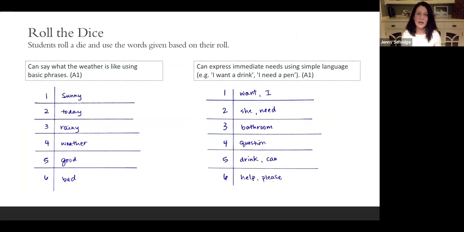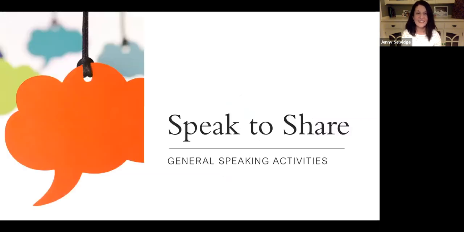The other one on the right can express immediate needs using simple language. So you might put 2 words next to a number and then they have to do it. So number 2, they'd have to add the S, she needs. So this is another idea of something you could do that's a little more fun with your students. Okay, let's move on.